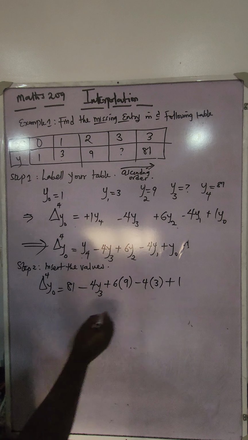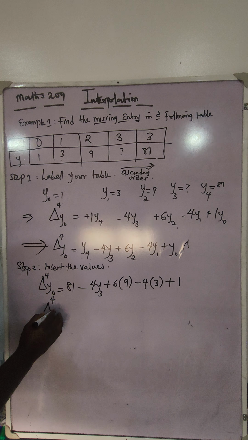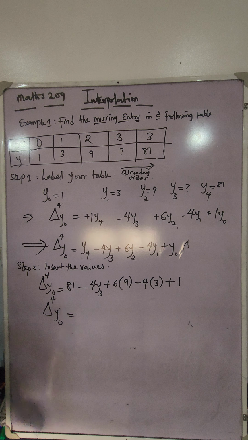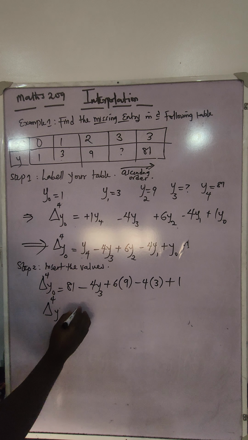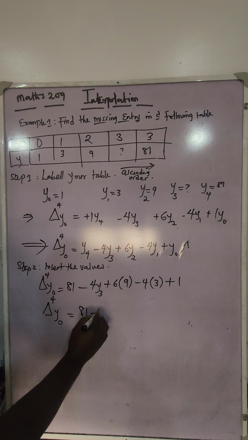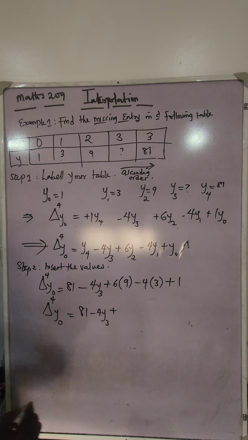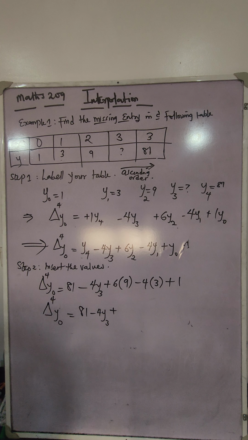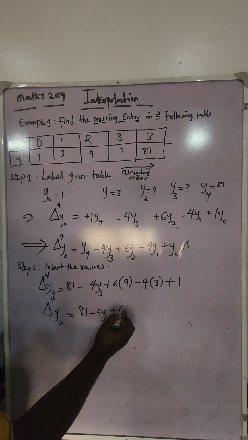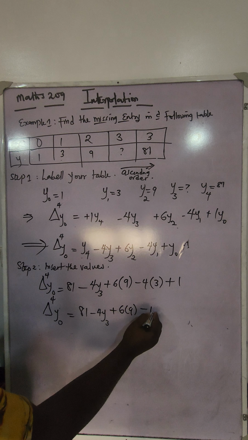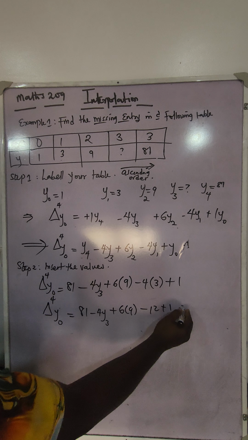And so we have the forward difference to the power of 4 of y0 is equal to 81 minus 4y3 plus 6 times 9, minus 12, plus 1, is equal to 0.